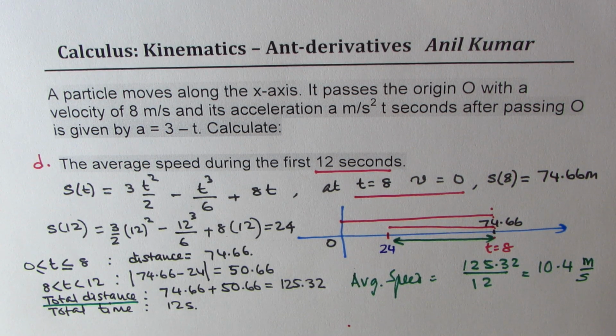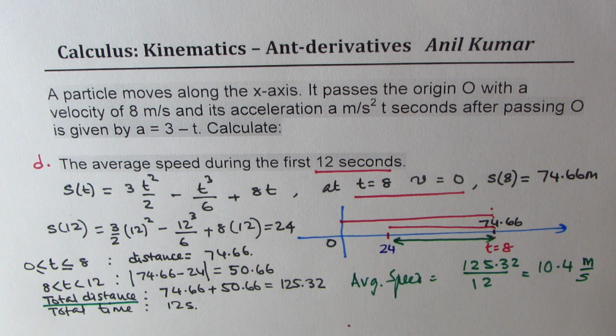So I hope you understand the whole concept. This is an excellent example. Just one example will give you all insight into similar questions. So we started with acceleration with the initial condition of velocity of 8 meters per second when a particle passes through the origin. From there we found the expression for velocity by using antiderivatives, and then we analyzed velocity.